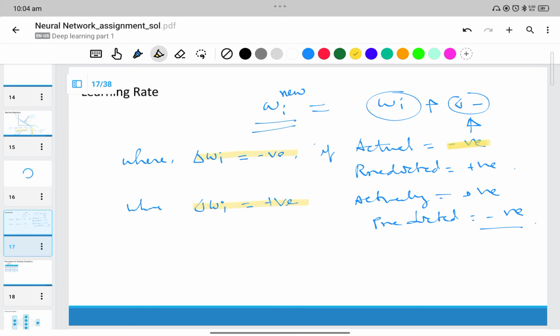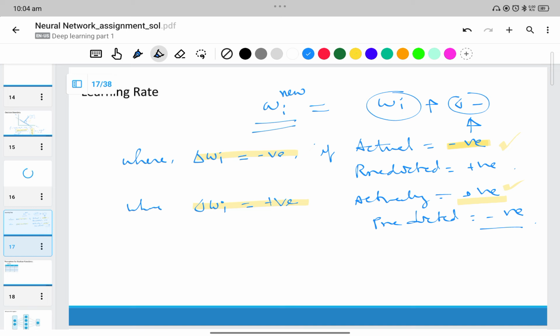Whenever our actual is negative and we predicted wrong, we want to decrease the w to get it right, and whenever we have positive data but we predicted wrong, we want to increase it so that we can include it in the decision boundary.